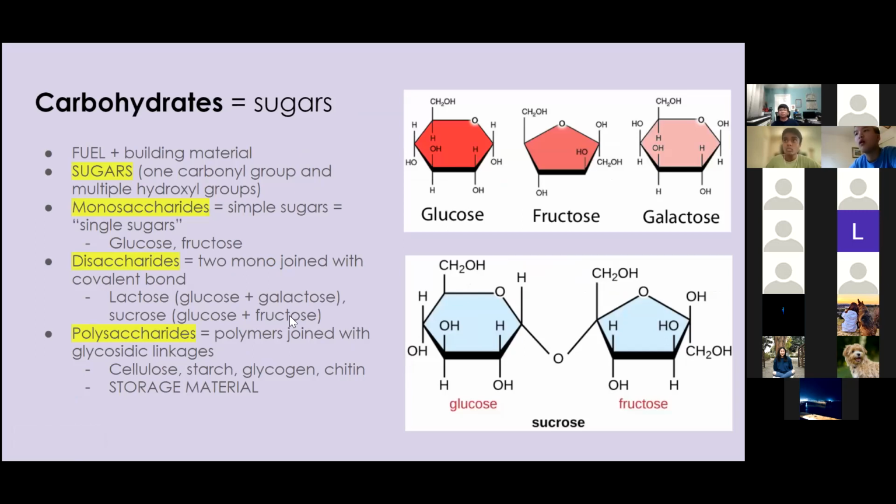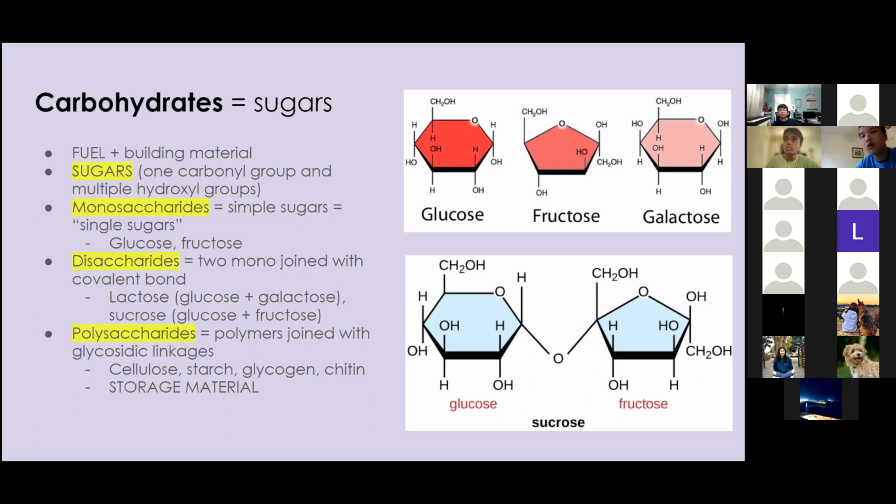Okay, so out of the four biological molecules, macromolecules, the first one that we're going to talk about are carbohydrates, which are basically sugars. And carbohydrates are the fuel or the building material, and this is basically what your body uses when it needs to perform metabolic reactions.